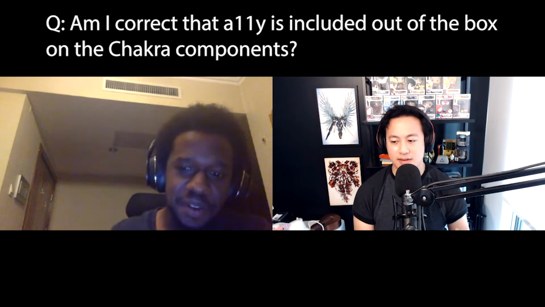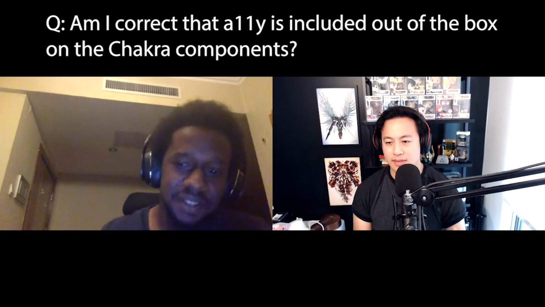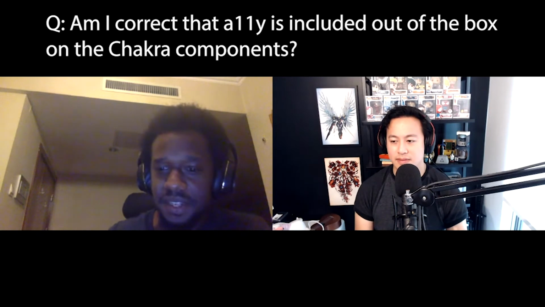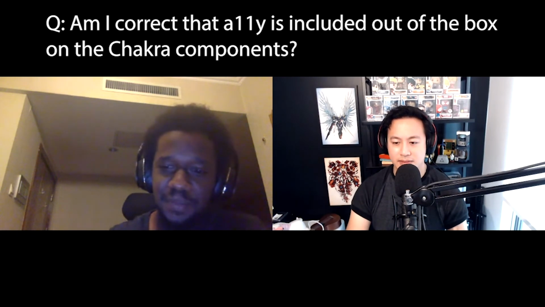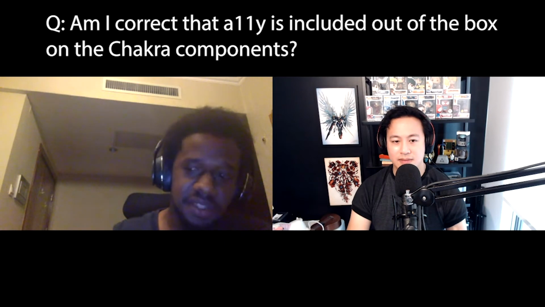Yes, Cybern, you are correct. All Chakra UI components strictly follow the WAI-ARIA standard for authoring components. We spend a lot of time studying them and making sure each component is compliant. In fact, if you go to our GitHub repo and open up some of the component directories, you'll see that there is an accessibility report.